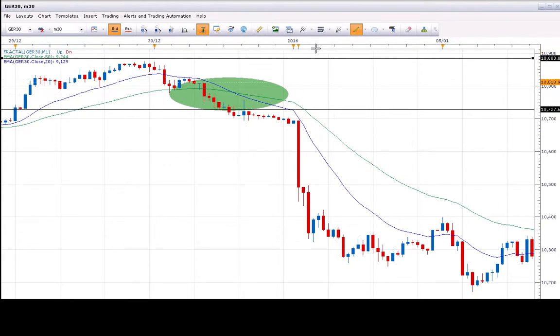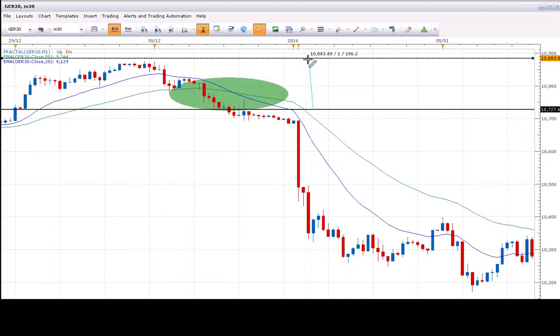So you got in there. You said to yourself, right, I know how much I'm risking now. I'm risking 155 points, quite a lot in this particular example, but let's go with it. And let's say it's $1 a point, or £1 a point, or €1 a point. You know, 13k lot, or whatever it might be that you're doing. You're going to try and go for double that to make it worth your while. So you might have to sit on the trade for a little while, but that's what you're going to aim for.